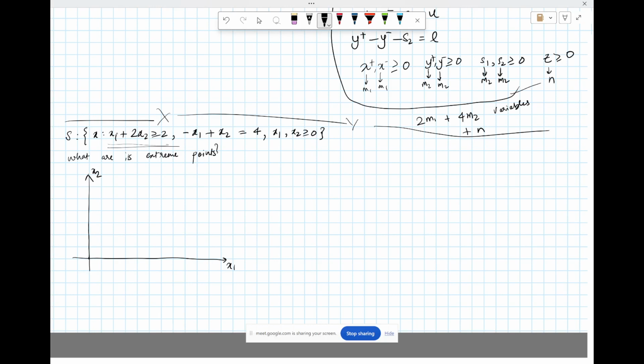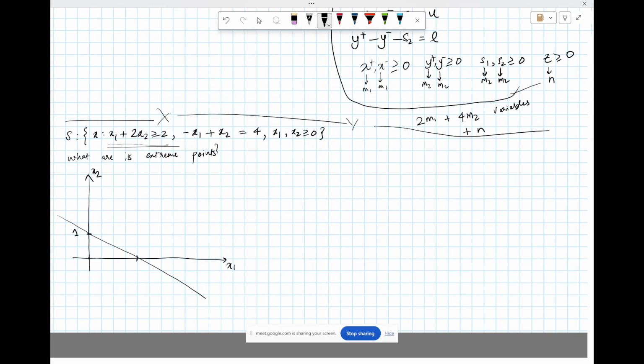So I put x1 equal to 0, I get x2 equal to 1, putting this as 1. And if I put x2 equal to 0, I get x1 as 2. So it will be a line passing through this and it is greater than or equal to 2.